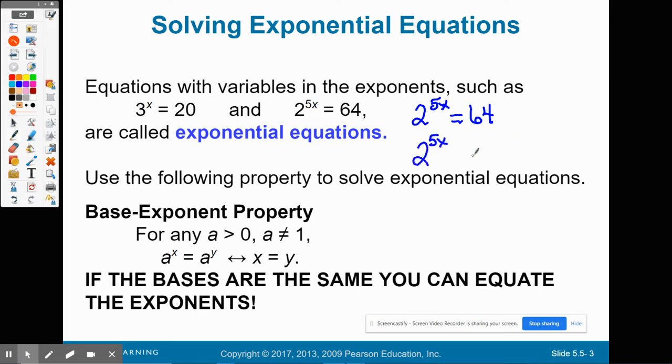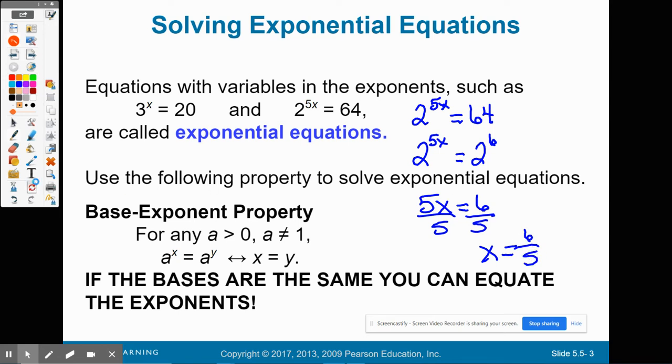And how many times would I have to do that? Well, 2 to the 6th equals 64. So now the 64 was actually a 2 in disguise to the 6th power. And because of that, I now can say, well, if the bases are the same, then 5x would have to equal 6. You divide both sides by 5, and x equals 6 over 5, or 6/5.